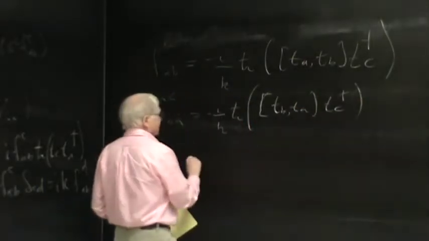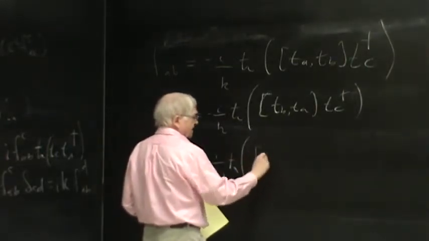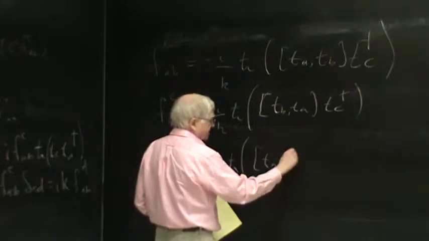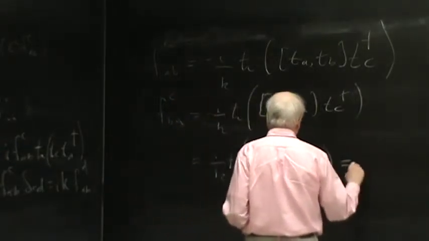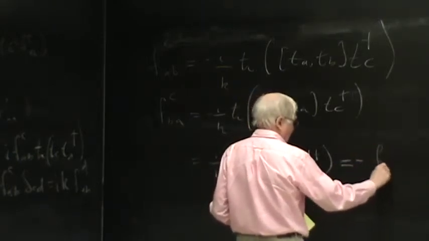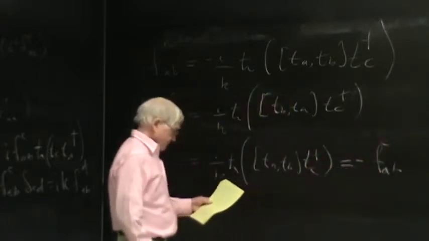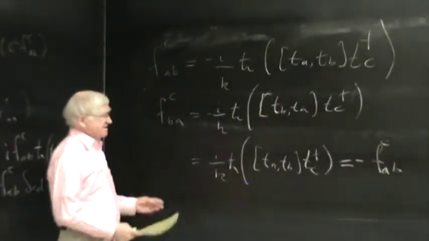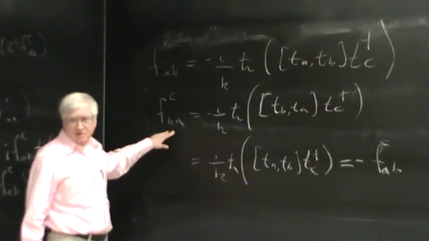On the other hand, that's the same thing as i over K trace of TA TB TC dagger, which is to say minus f_ABC. So what that tells us is that in general the structure constants are antisymmetric in the lower indices.